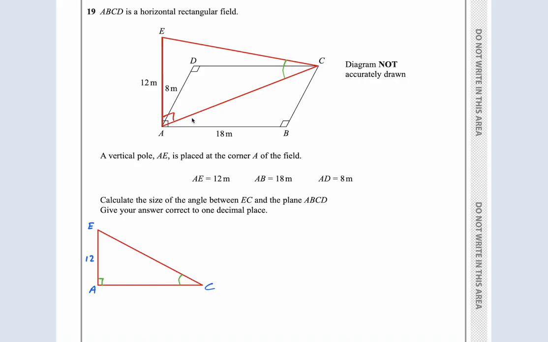Now I can find this one. The way I'm going to find this length is by using this triangle here. And this triangle, I'm going to shade it, guys, blue. Okay, this blue triangle here is going to be this triangle here.